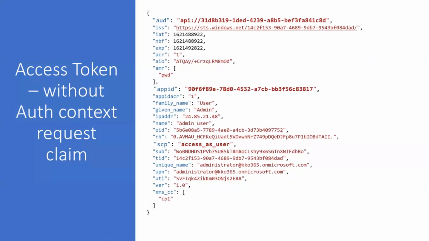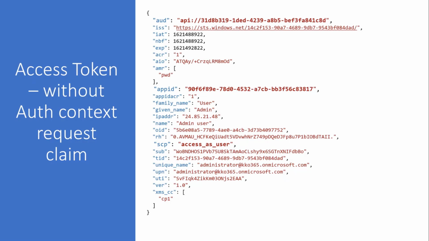So this is how an access token looks. This is an access token for my web API, which you can see in the very first claim, the AUD claim. And it has a set of the usual scope, app ID, and whatnot. But what you will notice here is that it does not have a claim named ACRS.